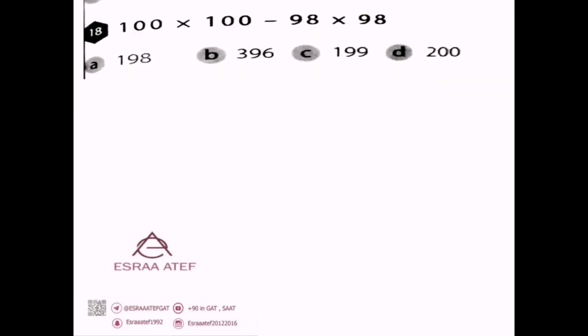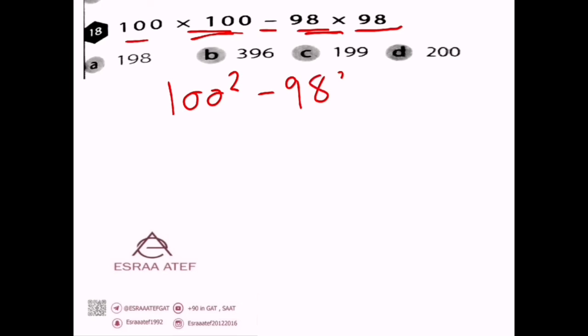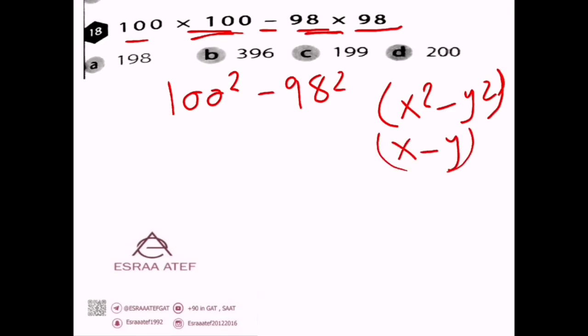Next one, 100 times 100 minus 98 times 98. How can we solve it? It's 100 squared and 98 squared, which is like the equation x squared minus y squared. When we want to solve it, it will be x minus y and x plus y. The same method.